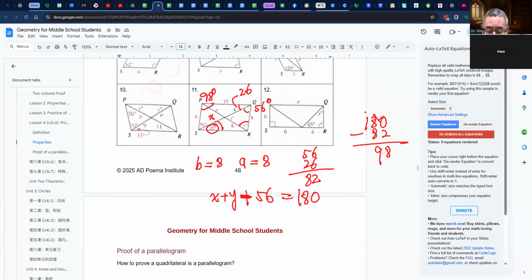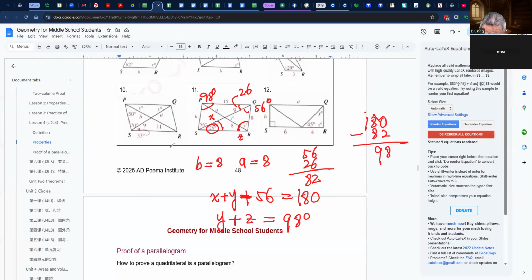And we also know that this one here, Y plus this angle, let's call that Z, is equal to 98.